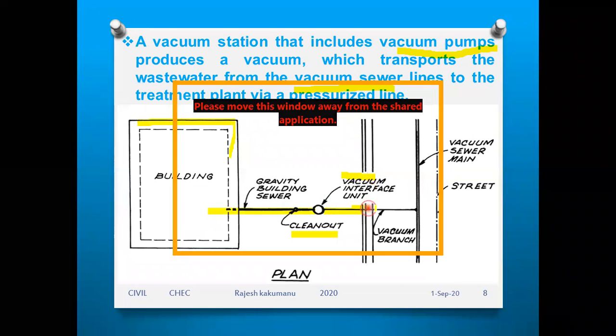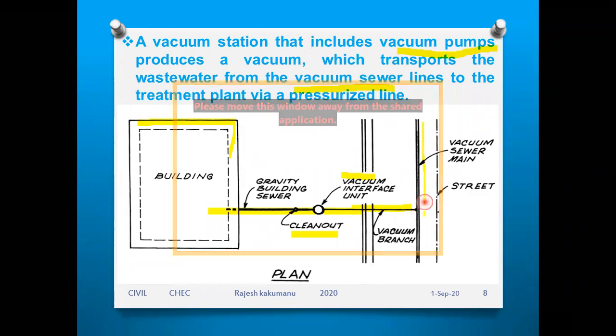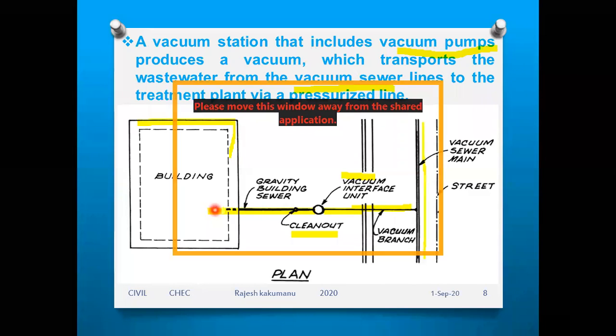This is a sewer branch, a vacuum sewer pipe branch. So this one is the main vacuum sewer pipeline. So how is the water taken from the building, see only the top view, from the building to the bottom of the building, automatically through gravity the sewage is coming into the pipe.